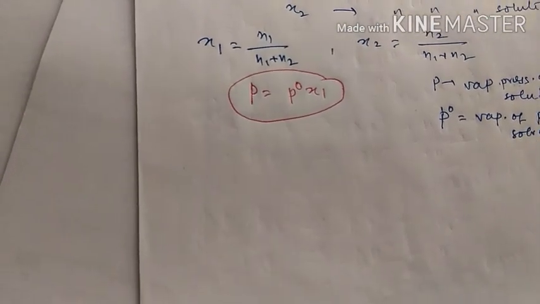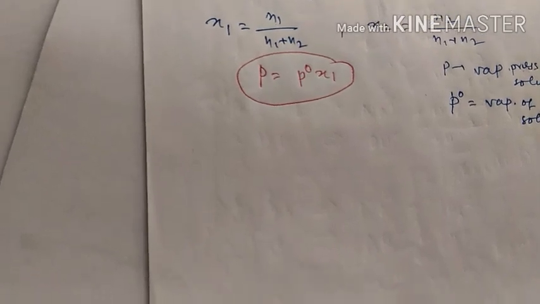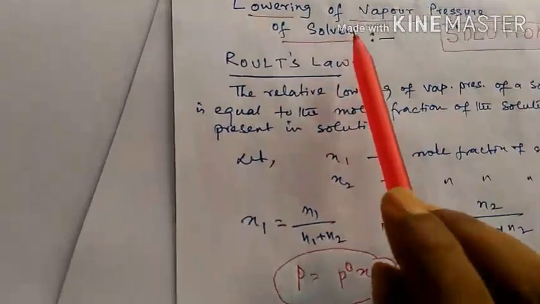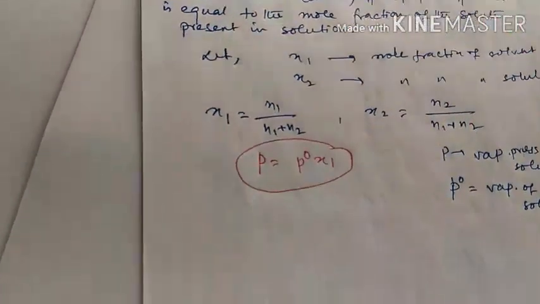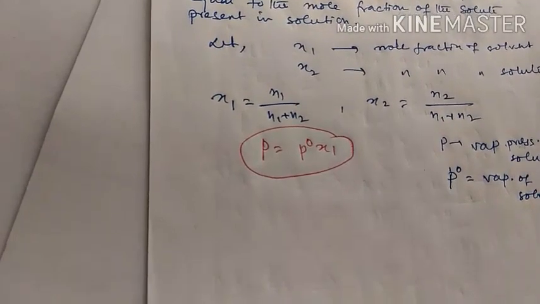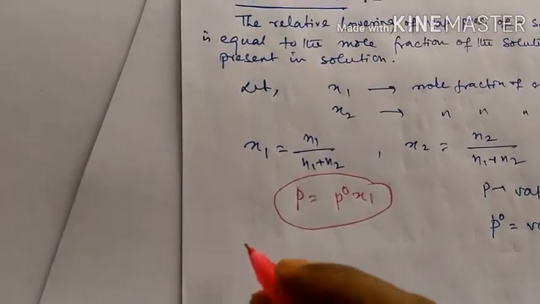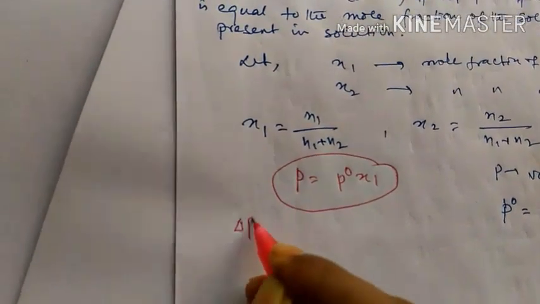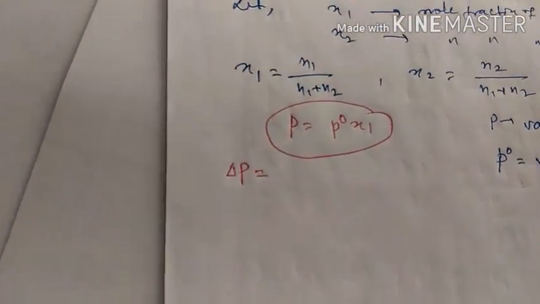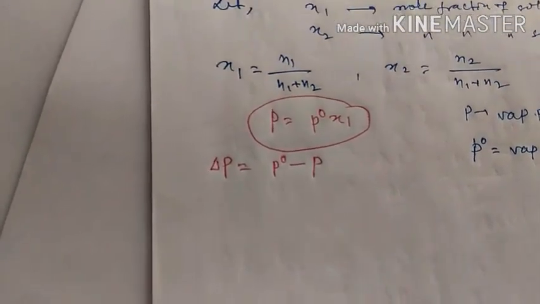The addition of a non-volatile solute to the solvent tends to lower the vapor pressure of the pure solvent. So if delta P is the lowering of vapor pressure, it should be the pure vapor pressure minus the solution vapor pressure.